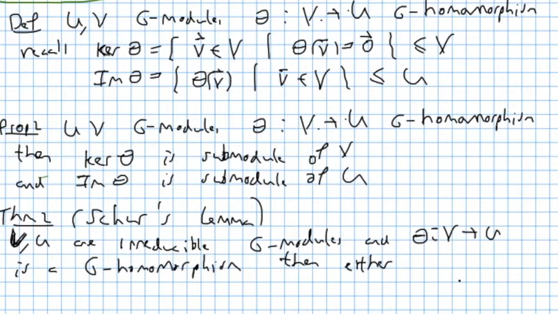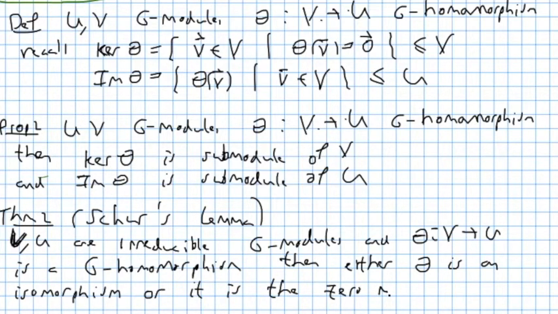Either theta is an isomorphism, or it is the zero map.